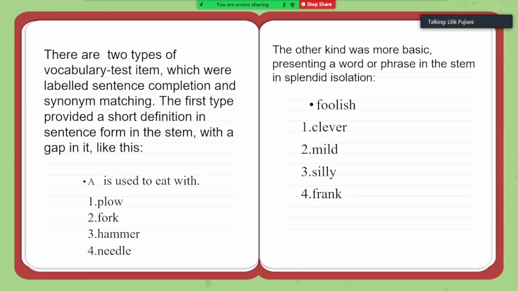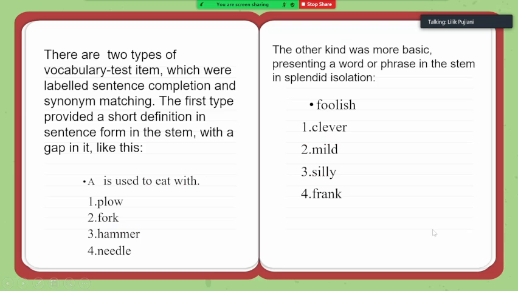And the second kind was more basic, presenting a word or phrase in the stem in isolation, such as police. What does police mean, or what is the synonym of police? One, clever; two, mild; three, silly; and four, frank.